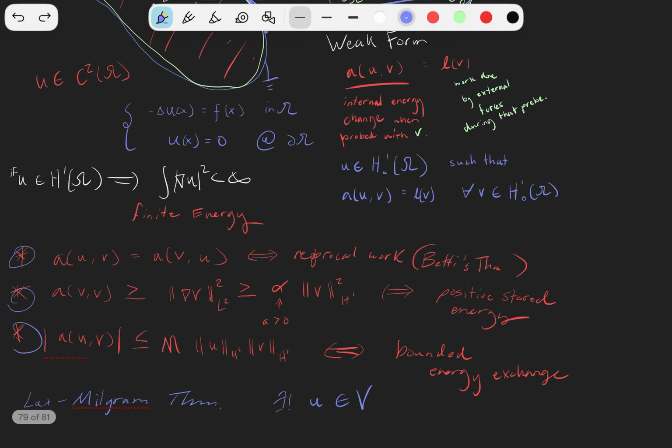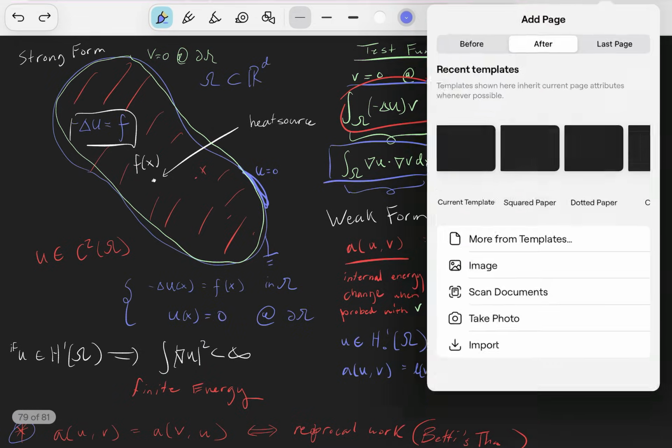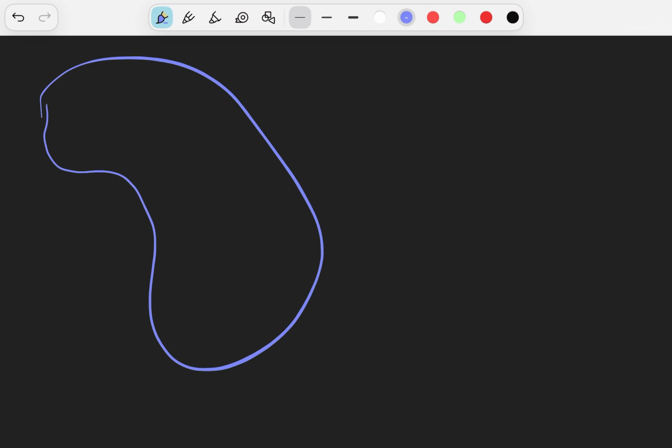Okay. Now, what we need to talk about is preparing this problem to be solved with a computer. And so what we're going to do is take this same kind of domain, but instead, we're going to try to partition it into finite elements. All right? And let's put some dots here on the domain.